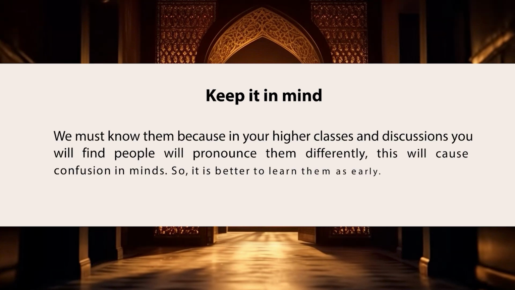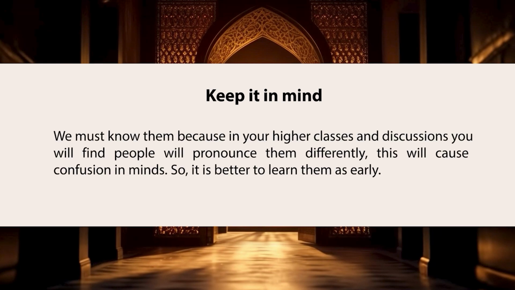We must know them because in our higher classes and discussions, you will find people pronounce them differently. This will cause confusion in minds, so it is better to learn them as early as we start. When we start our discussion of the B group, we will recall other names of alphabets as well.